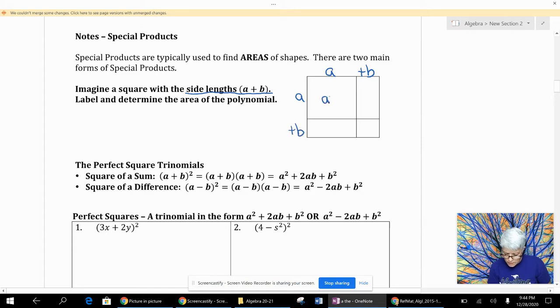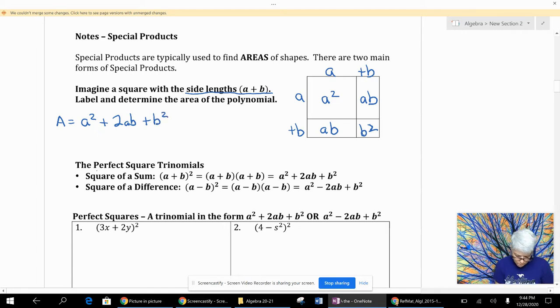I'm going to fill these in: ab, and this is ab, and this is b squared. You can see the like terms in the middle. So the area for this would be a squared plus 2ab plus b squared.